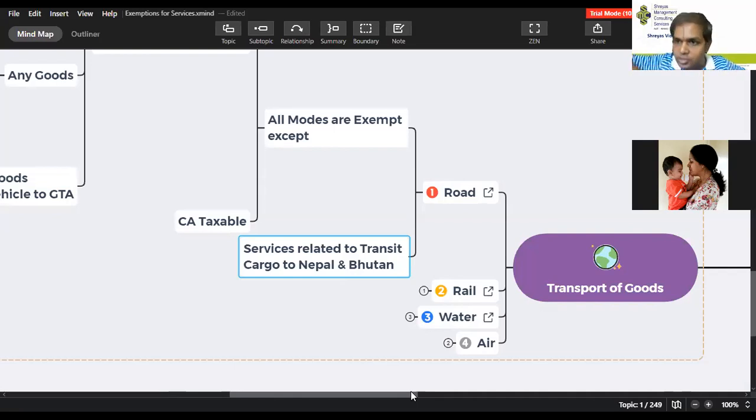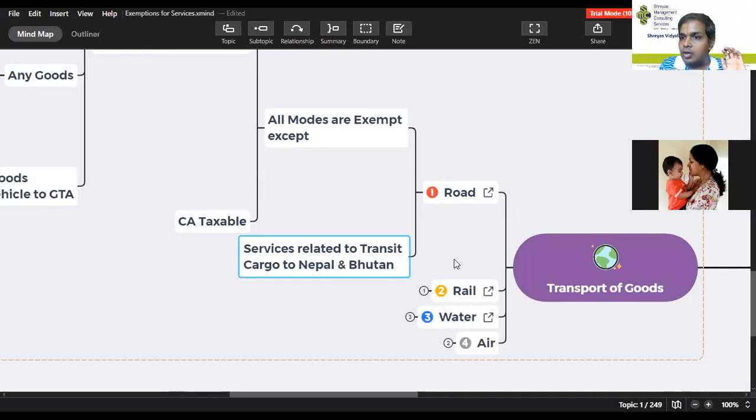It has to cross through India. That's called transit cargo. For example, from Sri Lanka, you want to go to Nepal or Bhutan on road. Then naturally you have to go through India only to reach Nepal or Bhutan. So in such cases, any services in relation to this particular cargo, basically goods, is exempt from GST. That's called transit cargo is exempt.